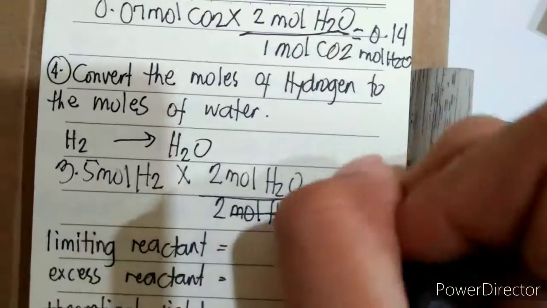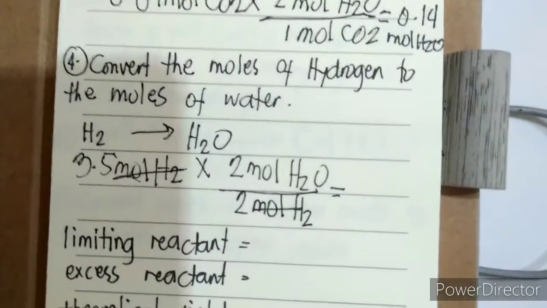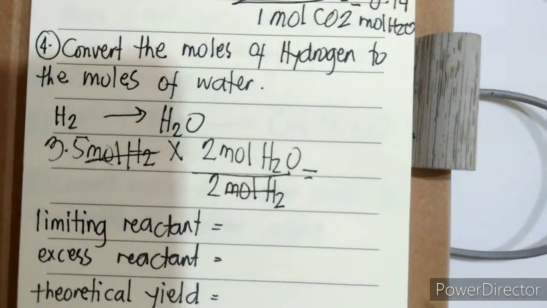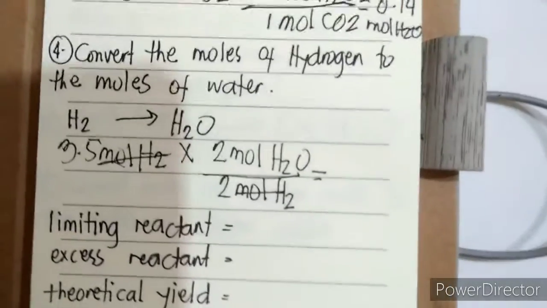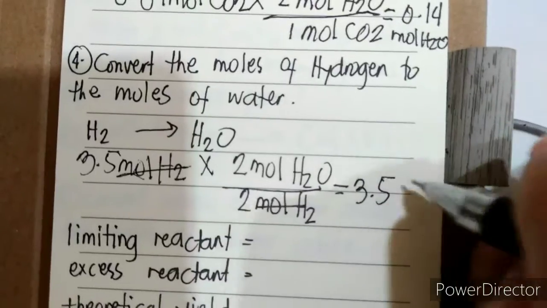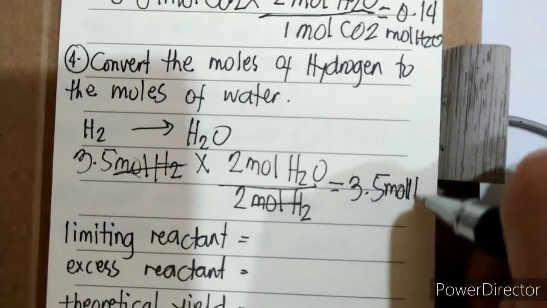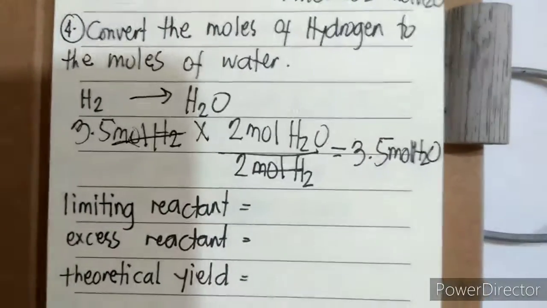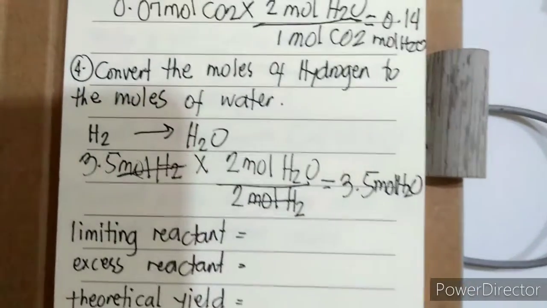So we need to cancel it first. And 3.5 times 2 moles divided by 2 is equal to 3.5 moles H2O. So we have to compare this.